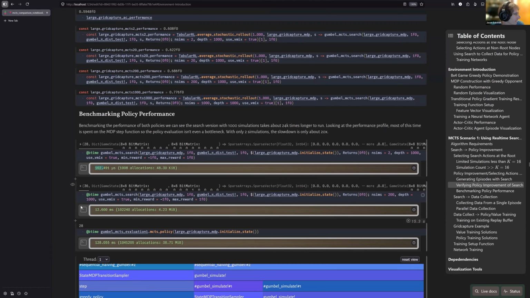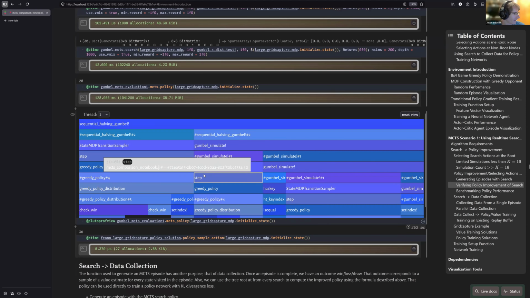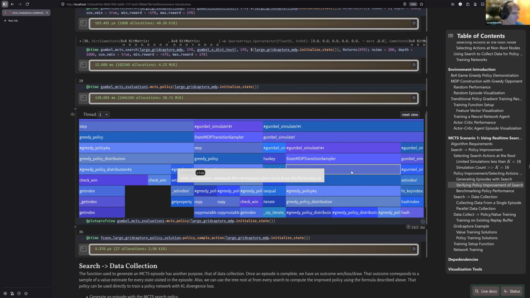And as we go here, still, if you have a budget of a few seconds to work with for a move, even this is only 128 milliseconds. We're doing this with 1,000 simulations. So that's 24,000 times slower than our policy function. It turns out it looks worse than it is, because if you look at the profile of this running, a lot of this time is spent on the step function, which is part of the environment.